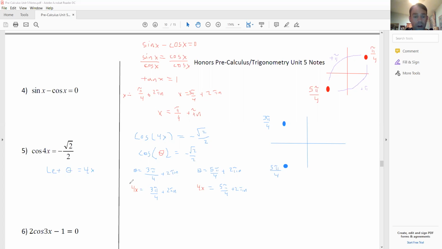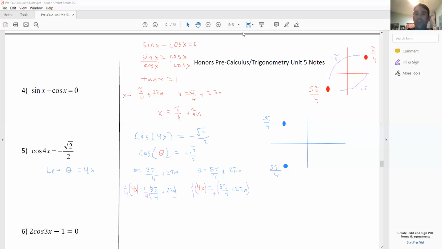All right, so 4x. Now we're going to get rid of that 4 by multiplying by 1/4. But that means on the other side, we're also going to multiply by 1/4. Same thing as dividing by 4. Because we want to solve for x. And notice what that does. It's going to change the period that we're dealing with.